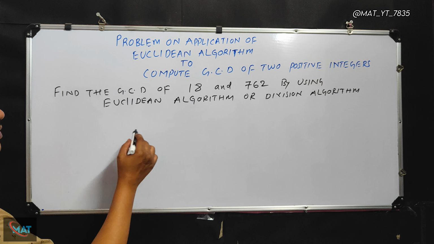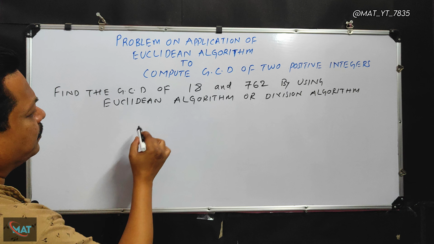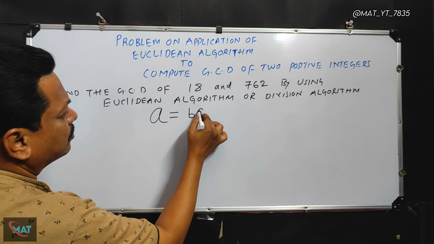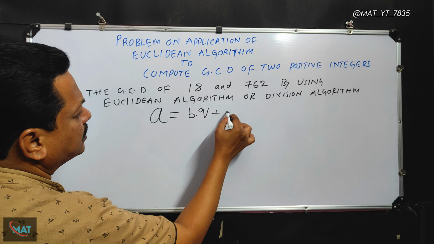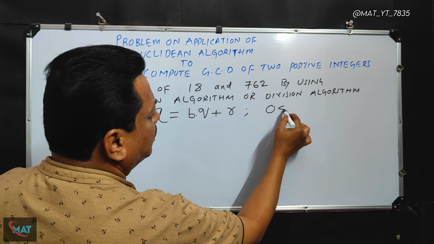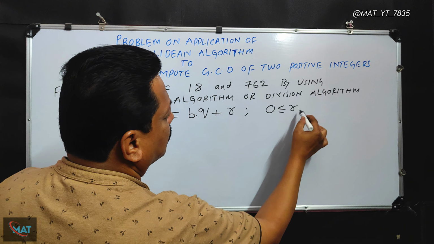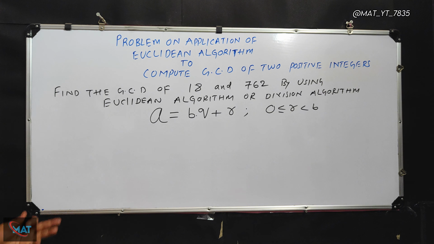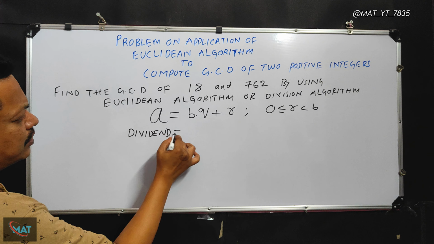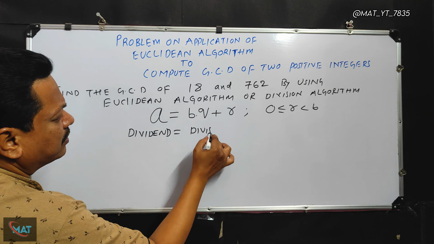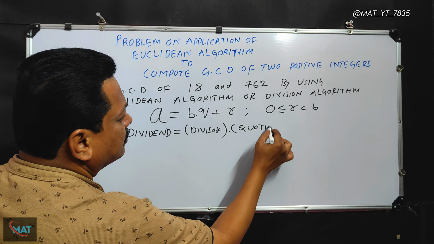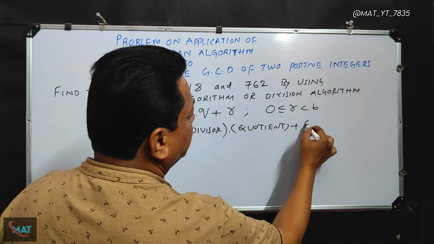So by division algorithm, we know that our A, the dividend, is equal to divisor into some quotient plus remainder, so that the range of the remainder will be more than or equal to 0 and less than divisor. This indicates that dividend is equal to divisor into quotient plus remainder.